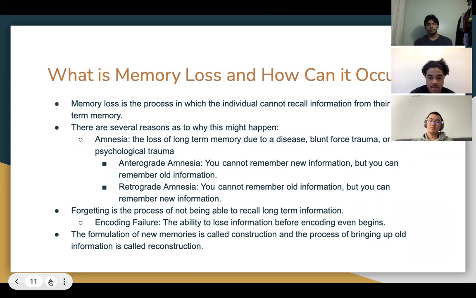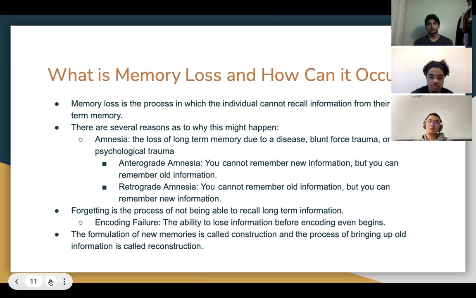What is memory loss and how can it occur? Memory loss is the process in which the individual cannot recall information from their short-term memory. There are several reasons as to why this might happen. Amnesia, the loss of long-term memory due to disease, blunt force trauma, or psychological trauma. There are two types of amnesia.